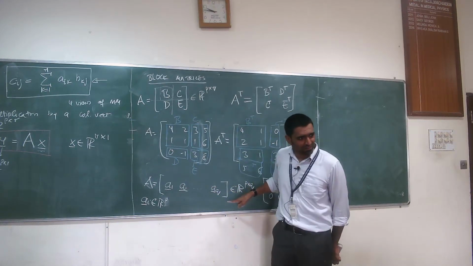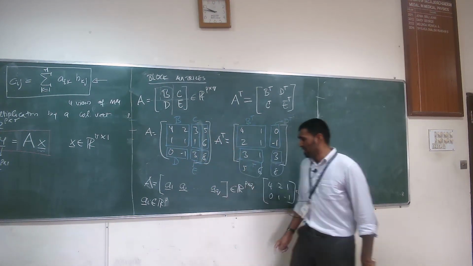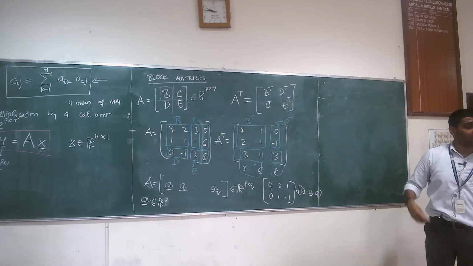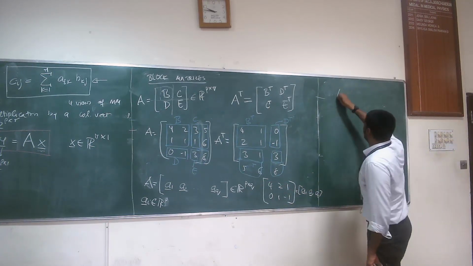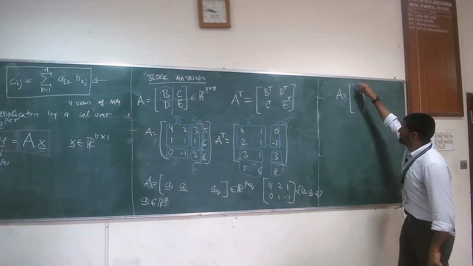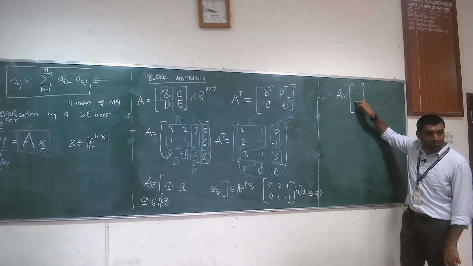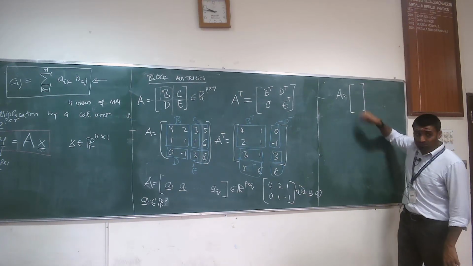This is a row vector. Each element is in fact another matrix or a vector. I can also write A as a block column, with the first element being the first row of A, the second element being the second row of A, and so on and so forth.